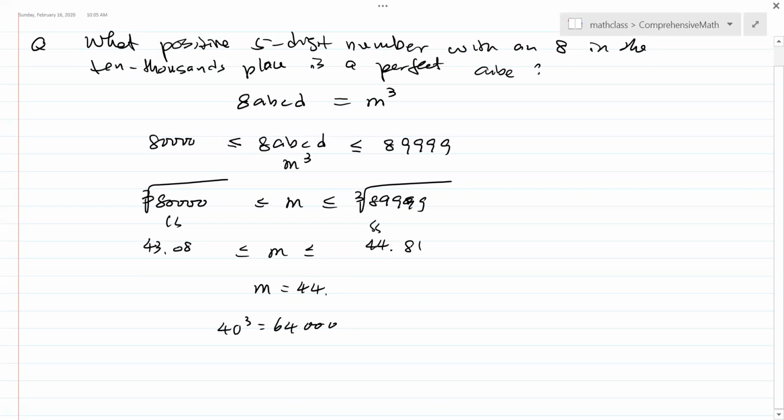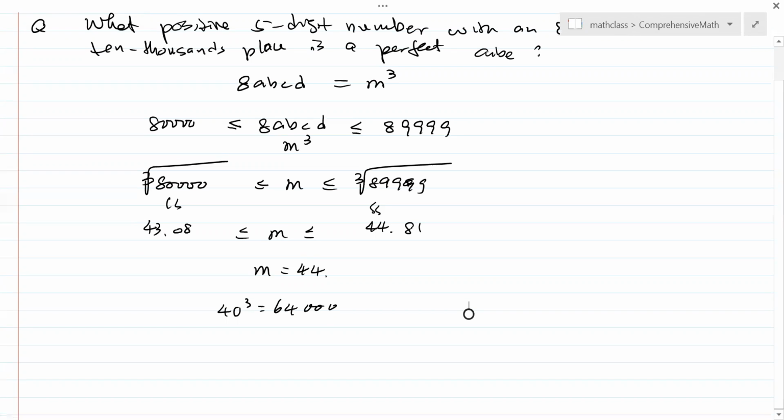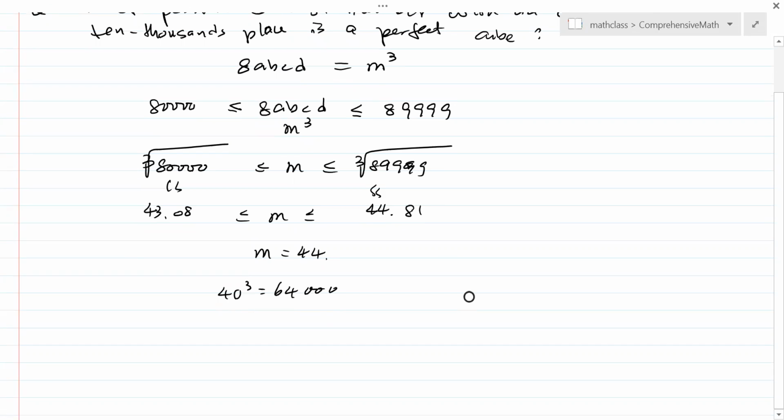So it's pretty close to that number. Then you try 41, 42, 43, just a few steps, and you get the answer. So you can quickly get a number. You have to do a rough estimate. You cannot just guess, though it's kind of guessing and trying.